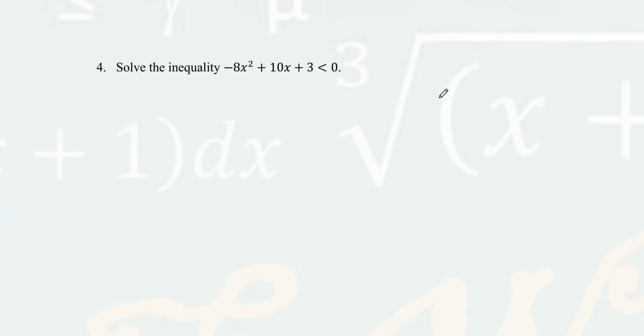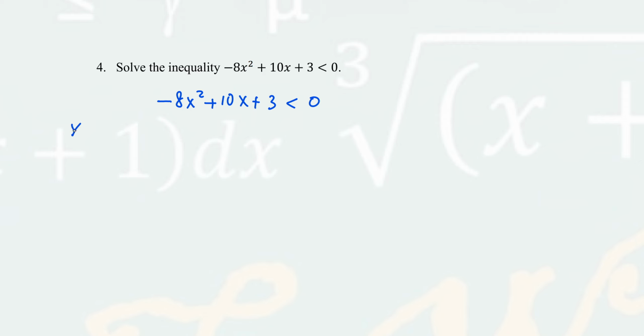Okay, now next question, number 4. Solve the inequality. It is minus 8x squared plus 10x plus 3 less than 0. From here, I will change the coefficient of x squared into a positive value first. Instead of minus 8, I want positive 8.